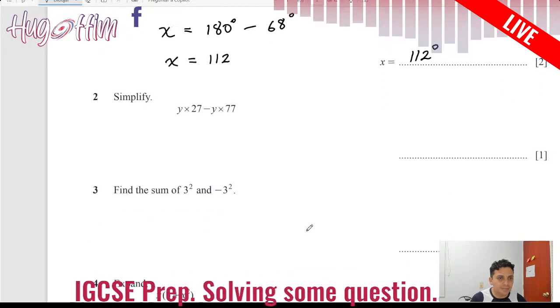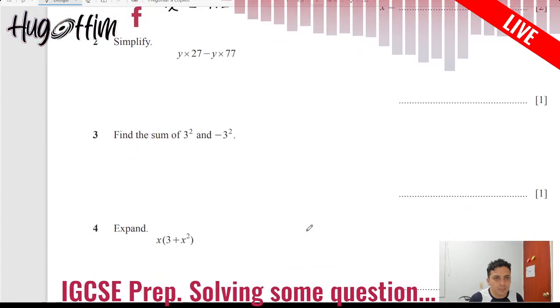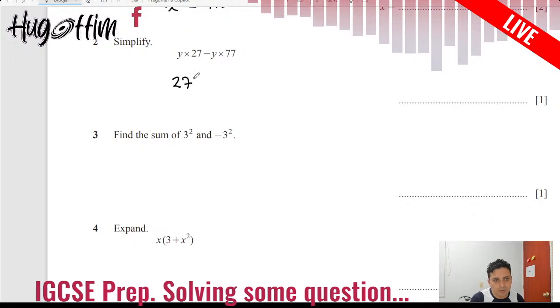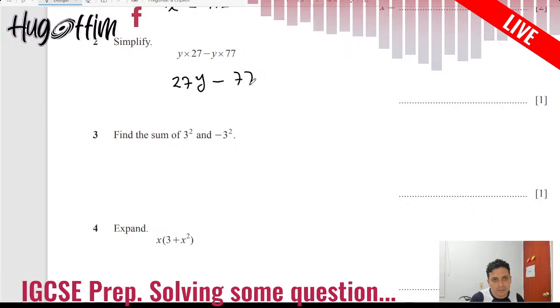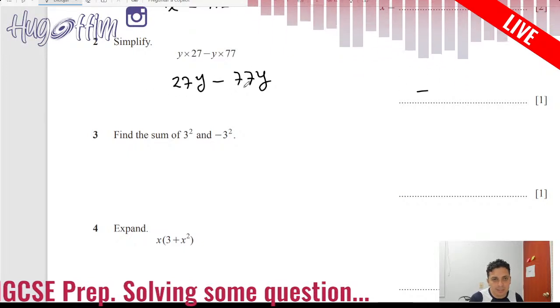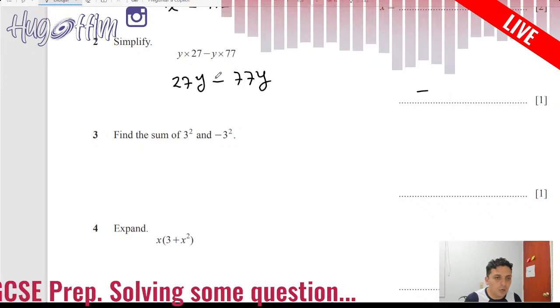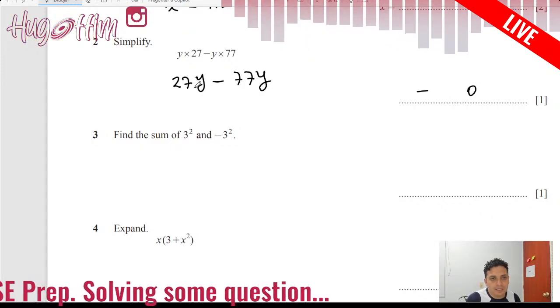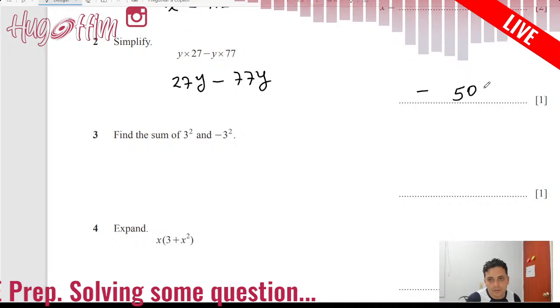Next question. Simplify y times 27 minus y times 77. So this is just 27y minus 77y. You just need to subtract, but remember that it's negative because the highest number is negative. So 77 minus 27 is 50, so minus 50y.